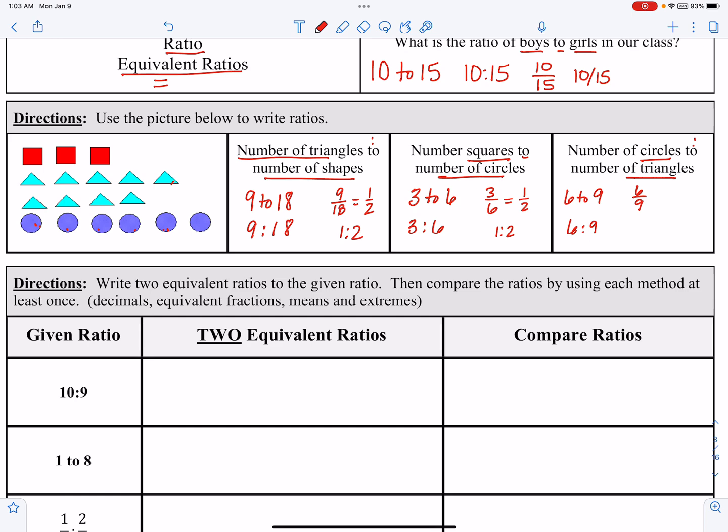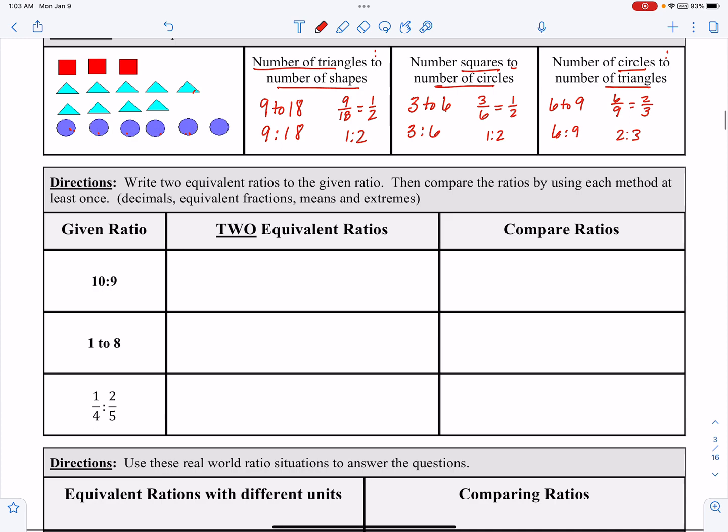And we can simplify that by dividing by 3 over 3, and we have 2 thirds. So we could also write a 2 to 3 ratio. And so that is some examples of how to write ratios.